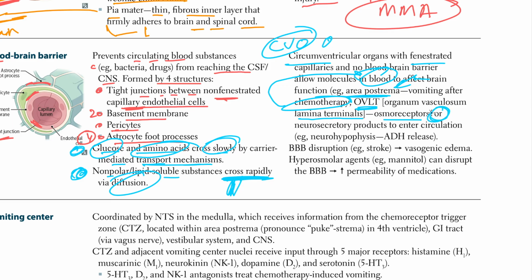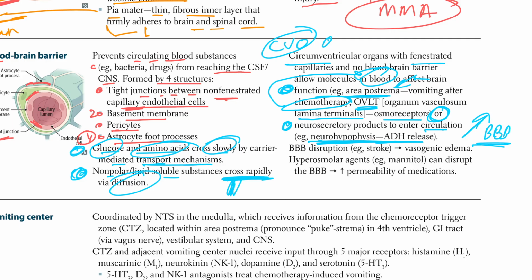You could also think that you not only mess up the brain function, but you can also mess up the neurosecretory products entering circulation. ADH can come out and enter circulation, and there is no BBB there. That's also high yield, and we'll talk about it in endocrine.